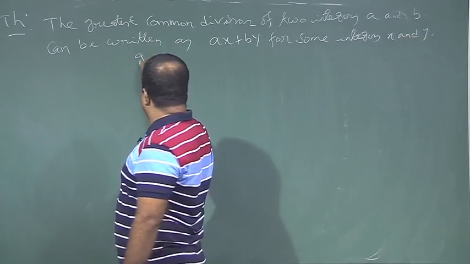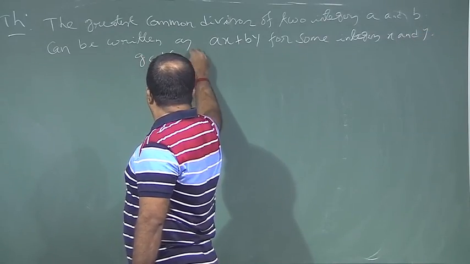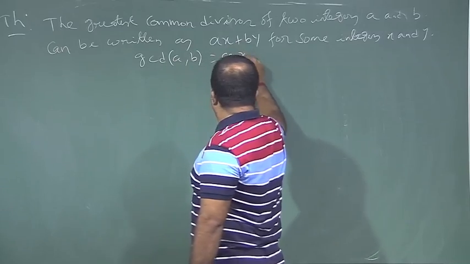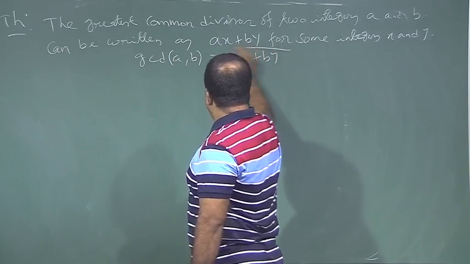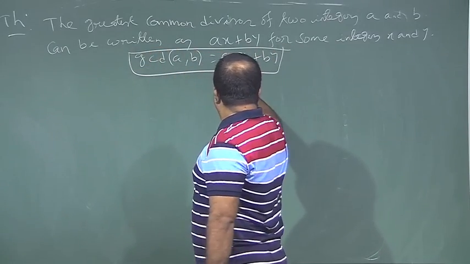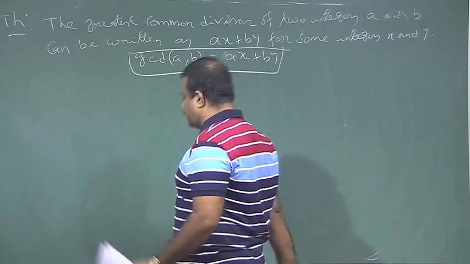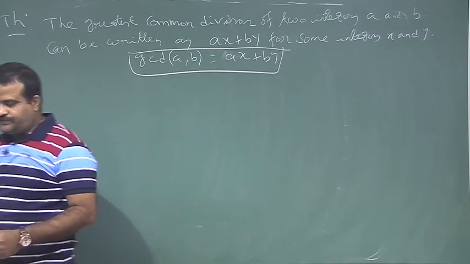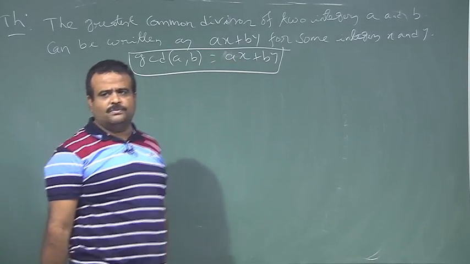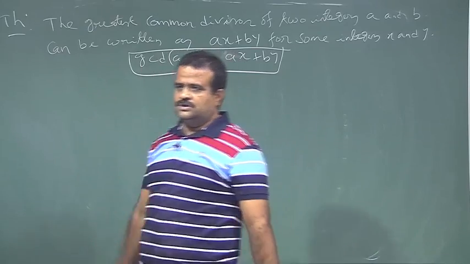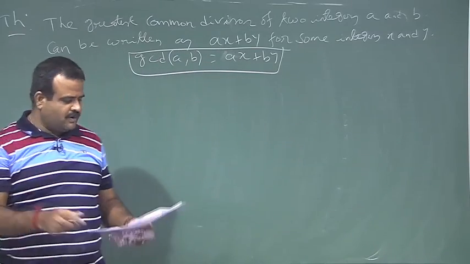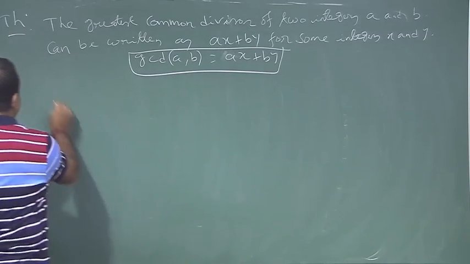That means the GCD of a and b can be written as ax plus by for some x, y. So, this is the theorem. We have to prove this theorem. This proof comes from the Euclid algorithm, the sequence of the remainders. So, how to prove this?